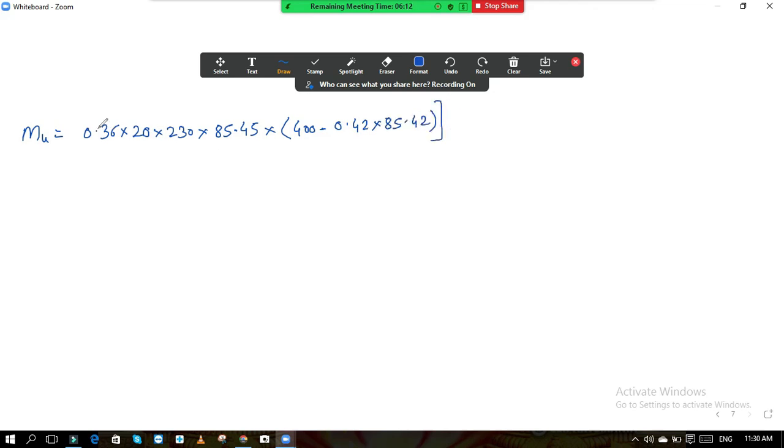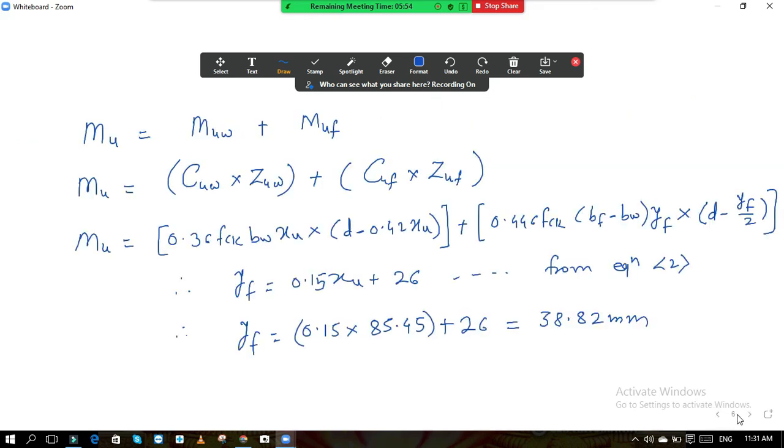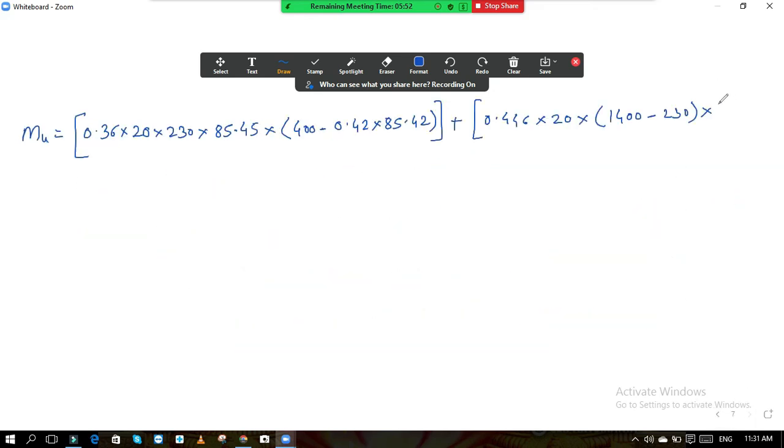Okay, this is your bracket number 1, plus now 0.446 into fck, 20, into bf minus bw into yf. What is the value of yf? 38.82, into d minus yf by 2.